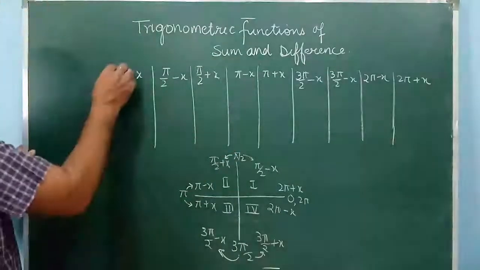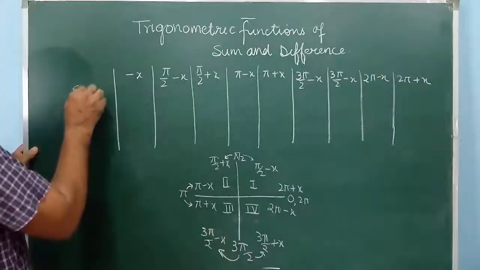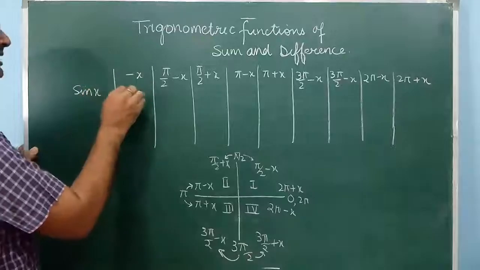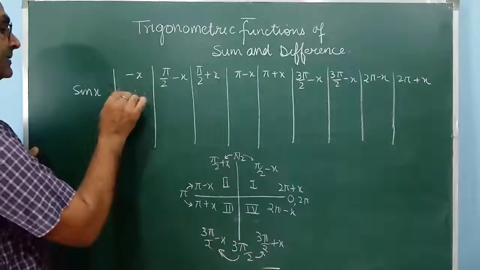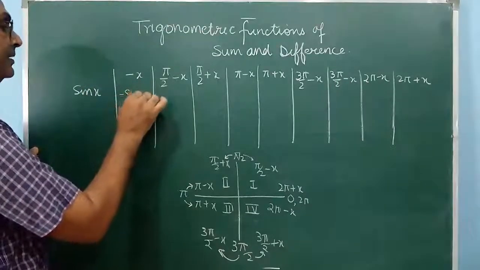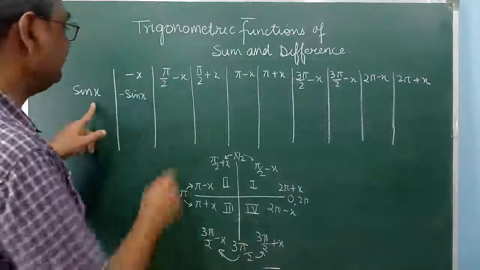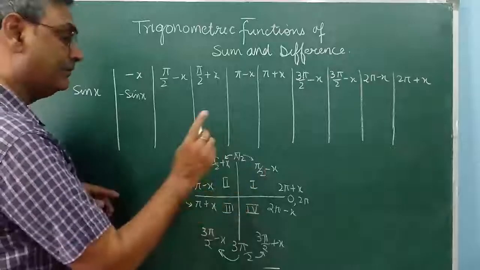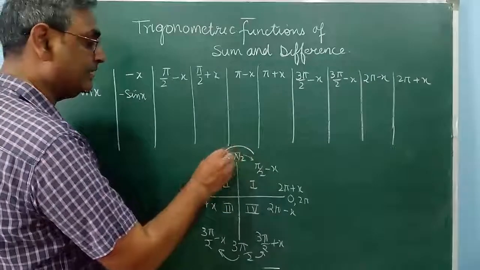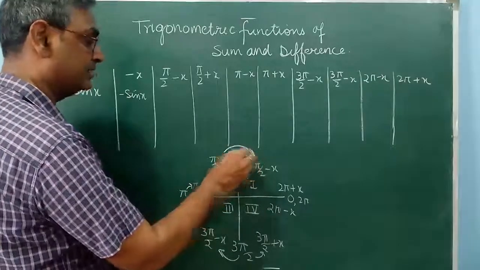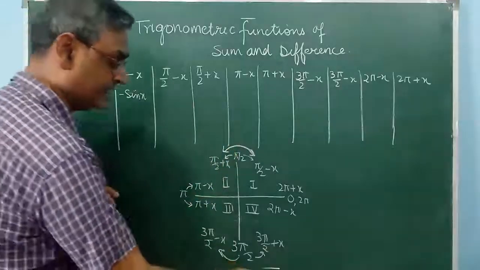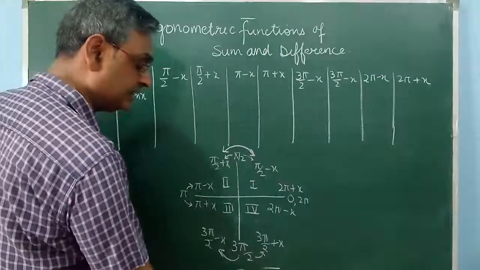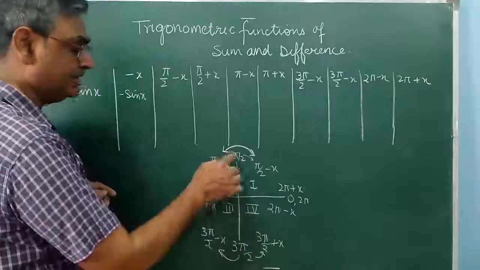Now here I used to have sine. So first thing is sin(-x) is -sin x. Now sin(pi by 2 minus x): pi by 2 minus x is first quadrant. One thing you understand, that whenever we are moving over this pi by 2 line, the function gets changed, whether we are moving here or here.